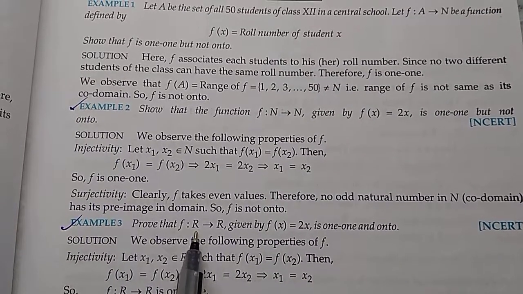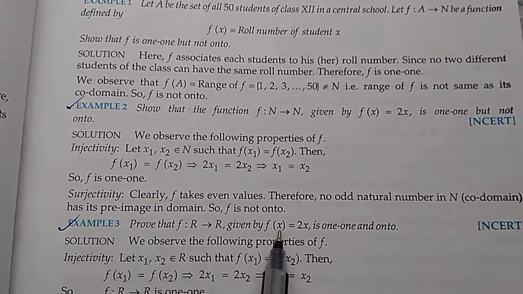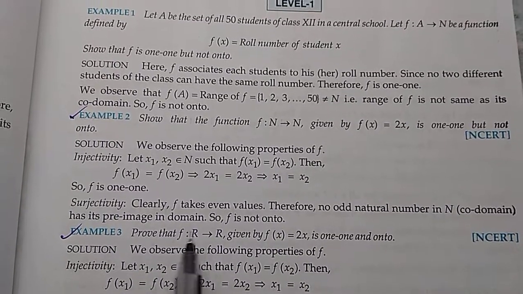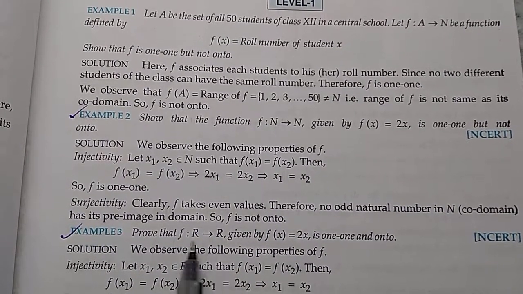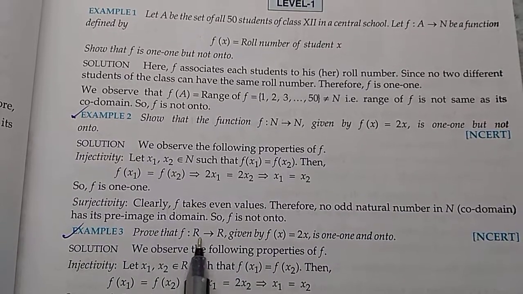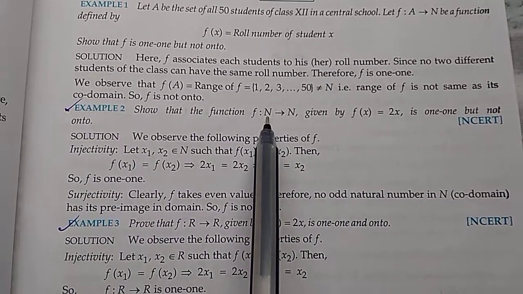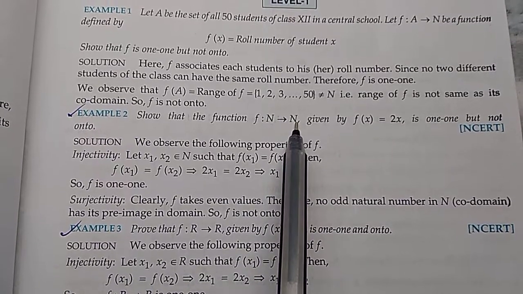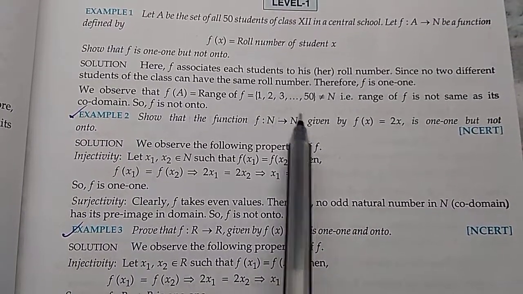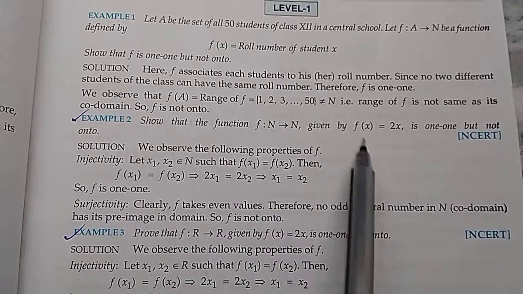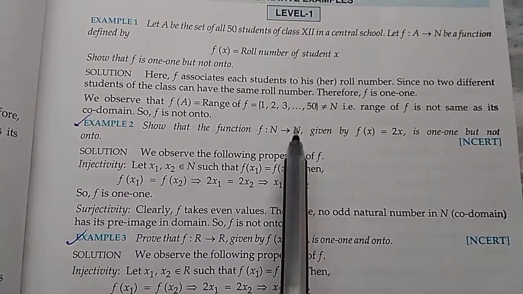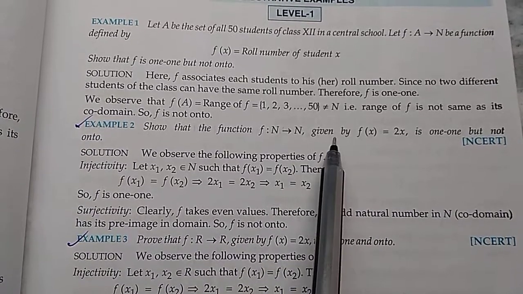Prove that the map from R to R given by f of x equal to 2x is 1-1 and onto. Look here. Here the sets are the set of real numbers. Before, the sets were the set of natural numbers. When the codomain set is natural numbers, the definition is the same, but the function is not onto.